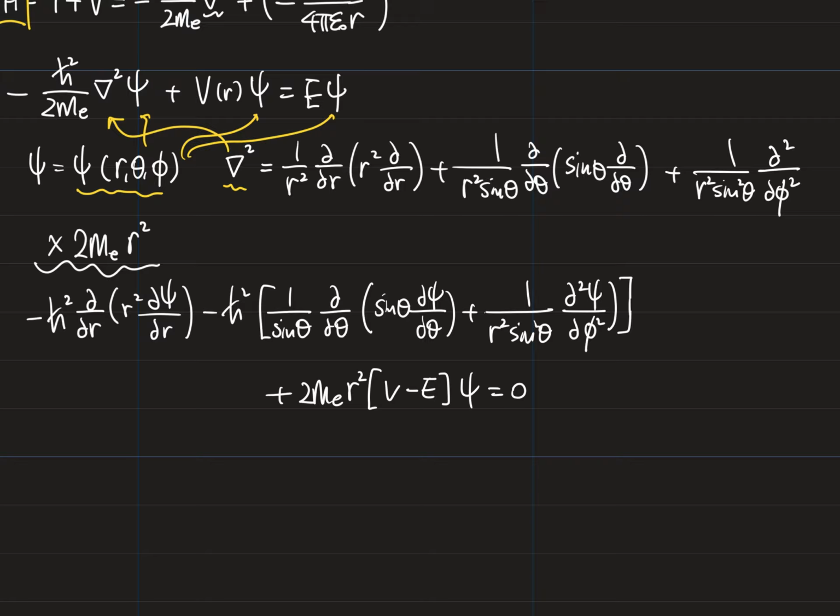And some of you may realize this part involves only theta and phi. So this describes the angular dependency of your Schrödinger equation. And this term looks exactly like the square of the total angular momentum.